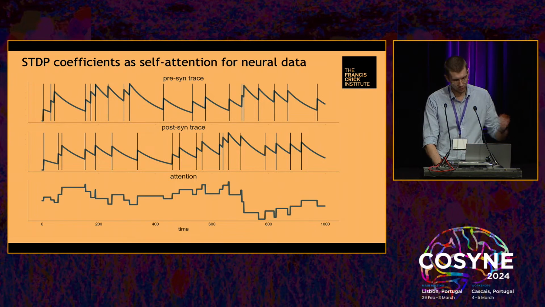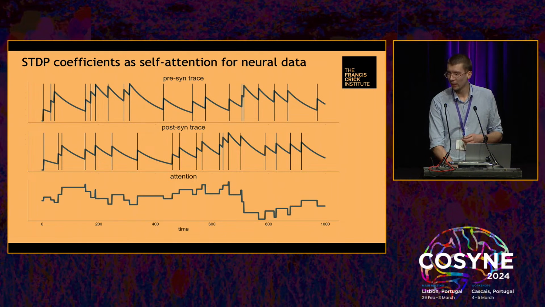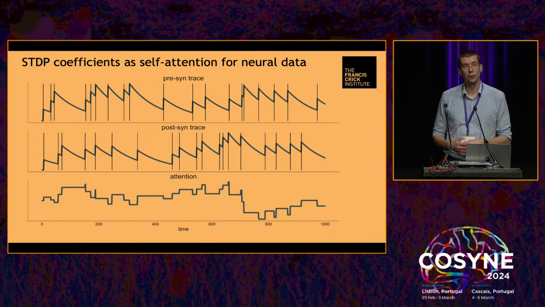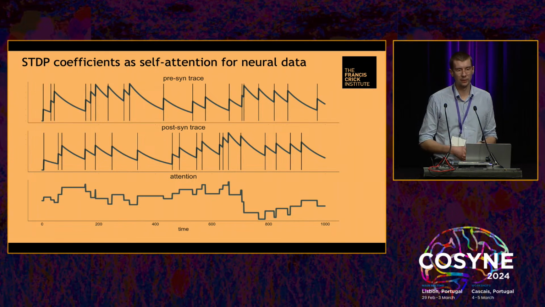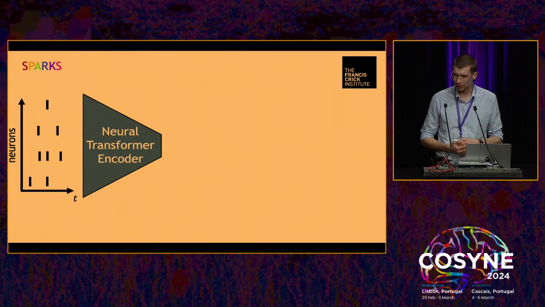I won't go through the details of how to compute STDP, but essentially you can compute this attention metric between all of the neurons in your recording. So you put all of that in a big matrix, and then you pass it through more neural network layers, and that forms the neural transformer encoder that we propose in this work.